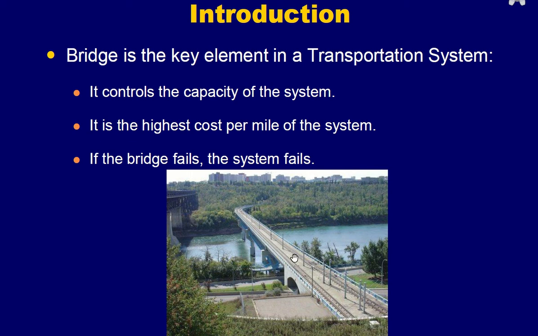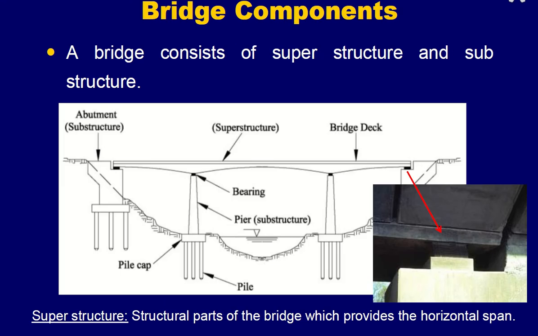So if the bridge is not of the equal number of lanes to that of the adjoining roads, then it is of no use. So the bridge controls the capacity of the system. It is the highest cost per mile, and if it fails, the system fails, because if the bridge fails, the road will be of no use. So the 20 kilometer or 100 kilometer road will be of no function if this small portion fails. So this is the key element that need to be designed and analyzed carefully.